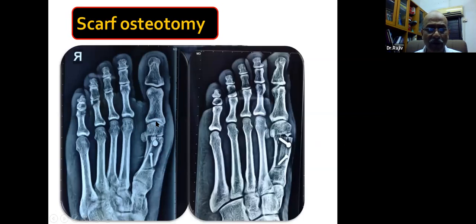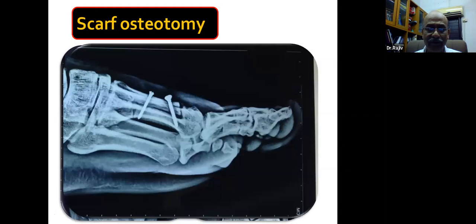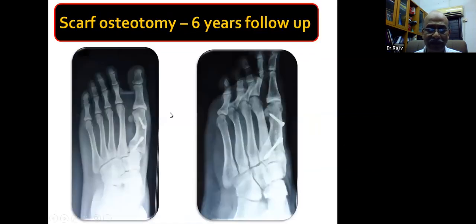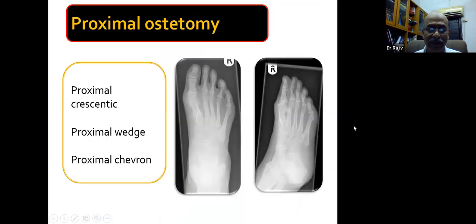So the hallux valgus has become corrected, and look at the congruity of the joint and the shifting of the osteotomy and fixation with the two screws. That is the scarf osteotomy, most commonly done in the world, and that is the lateral image. This is the 6 years follow-up of the scarf osteotomy with corrected hallux valgus.